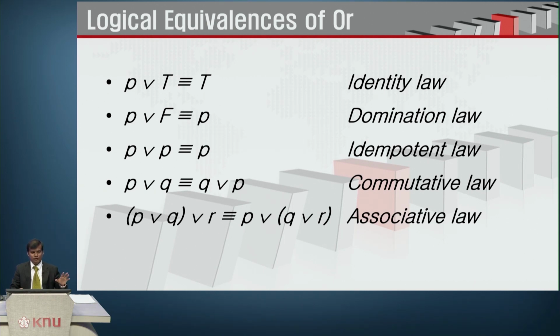We already showed you an example using truth table to prove all these laws for logical equivalence of AND. Now I have all these logical equivalence expressions for OR, like identity law, domination law, idempotent law, commutative law, associative law. Why don't you try it out? Try to use the truth table and prove it just for your satisfaction.